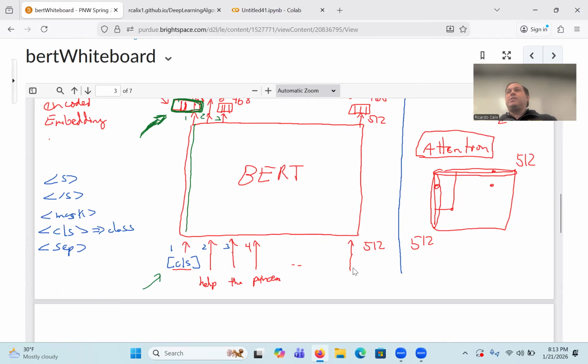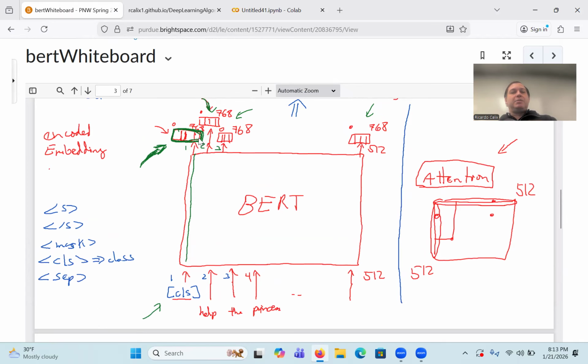You have this sequence, and then in BERT it comes out as also a sequence of 512, but every one of these is an embedding now, a vector of size 768, which is just numbers. However, because of the training, these numbers have useful information.